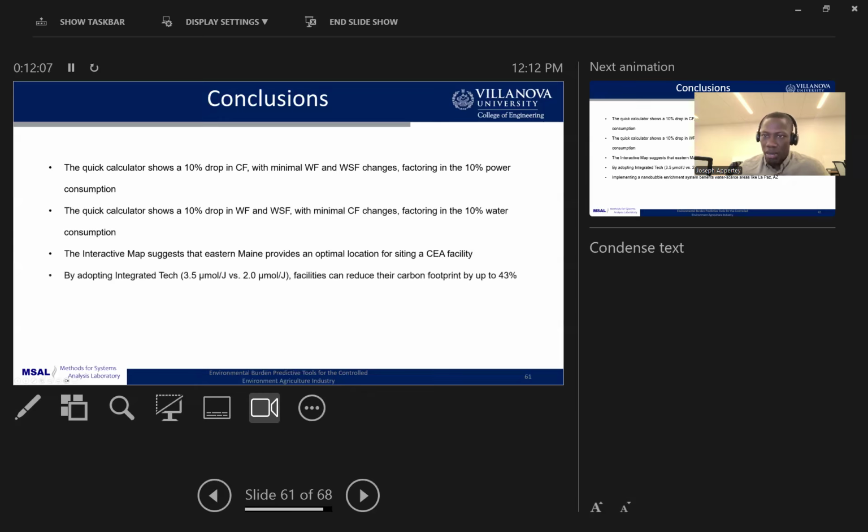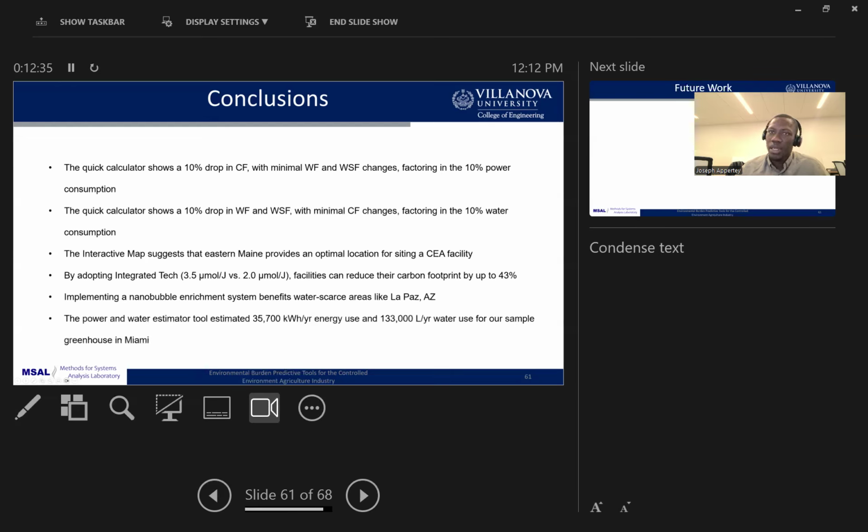And then adoption of the 3.5 micromole over the 2.0 shows a 43% reduction in the carbon footprint, and also states like La Paz, which has very high RCF values and is very scarce in water availability, was also indicated by implementation of the nanobubble enrichment system, whereby the power and the water estimator was able to annually determine the amount of power and the water that will be required for a sample greenhouse in Miami.